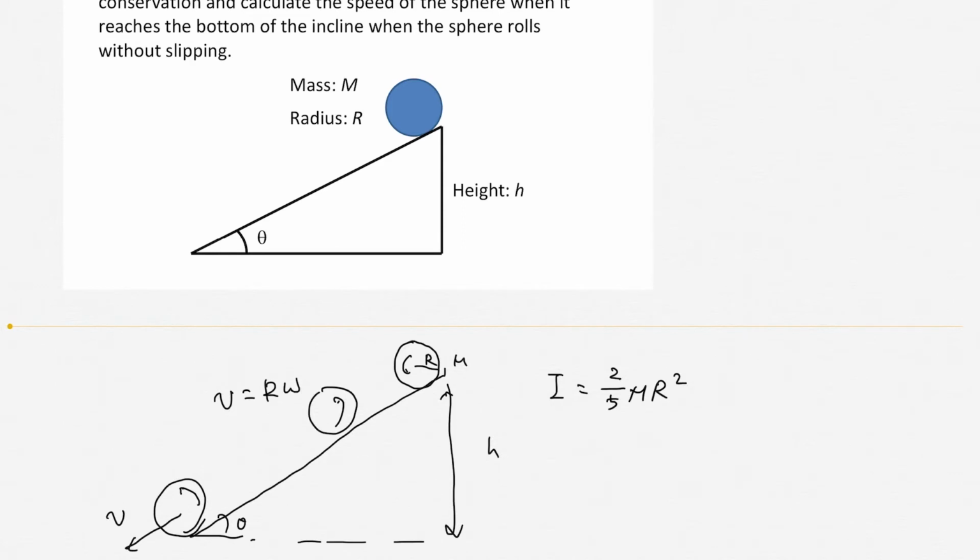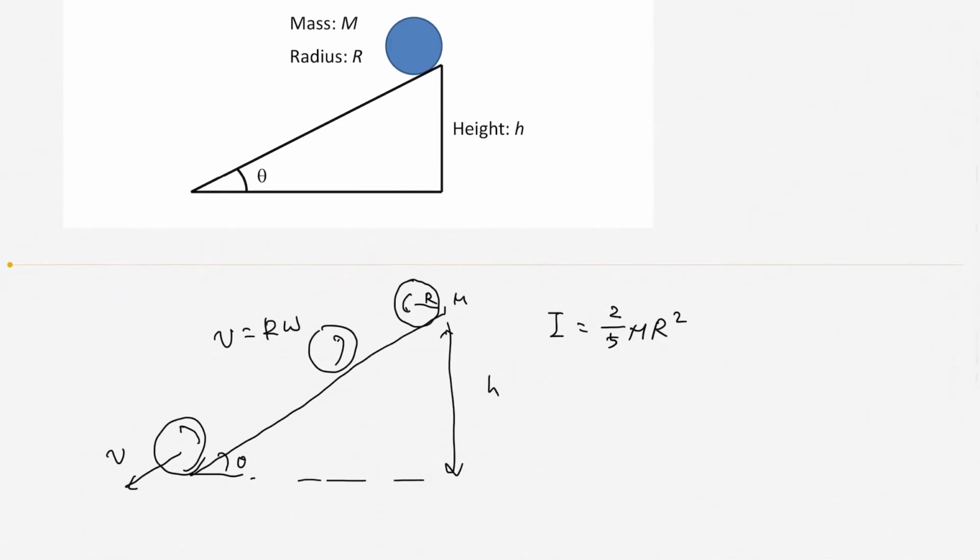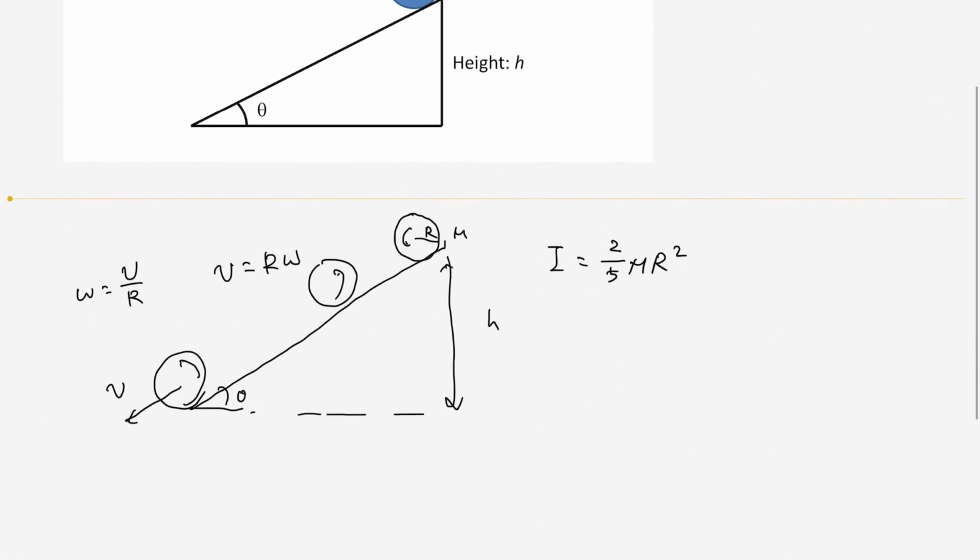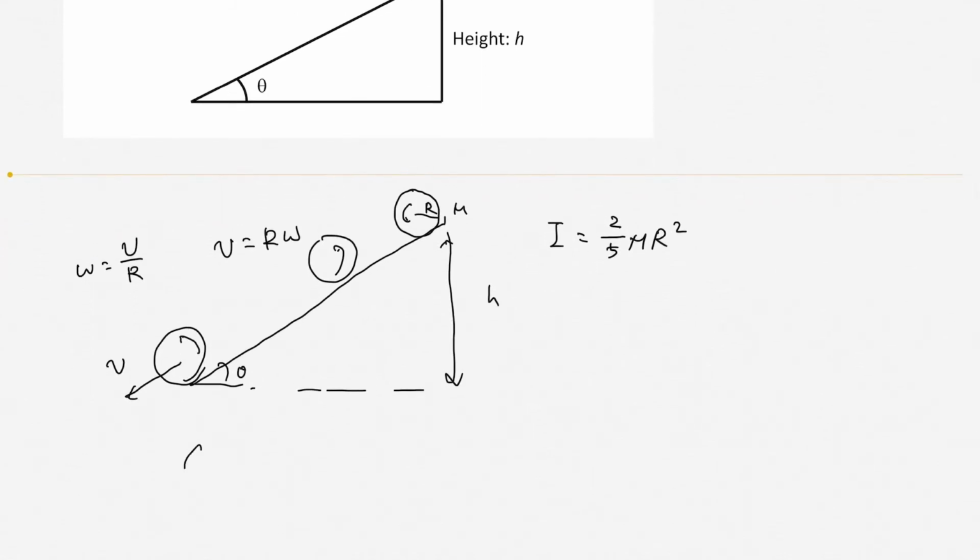So from this equation, you could use omega expressed as v/r, in the case of without slipping. Then conservation of energy we can apply.